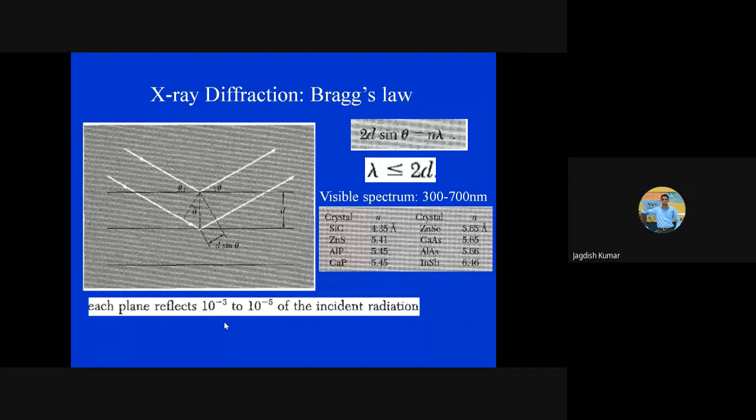So that is the large number of planes which take part in X-ray diffraction. X-ray diffraction can give you information as deep as of the order of 10³ to 10⁵ planes.